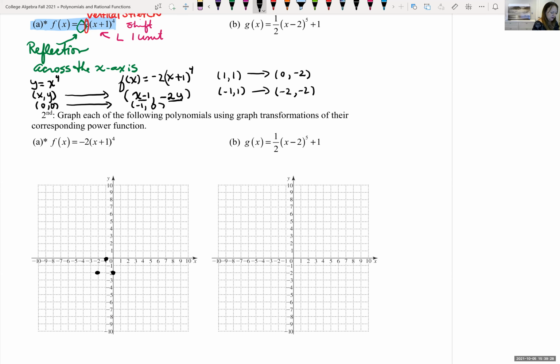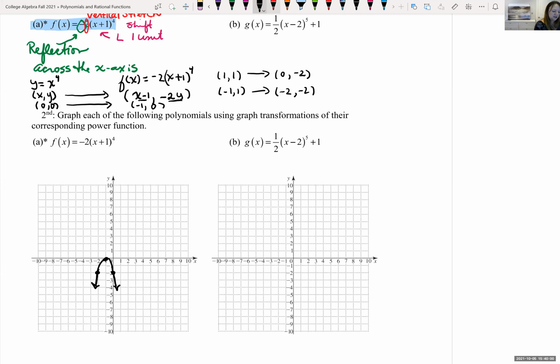Okay, so we have this graph in here. So same idea. We want to look at g of x now, which is 1/2 times x minus 2, that x minus 2 is raised to the 5th, and then outside plus 1.